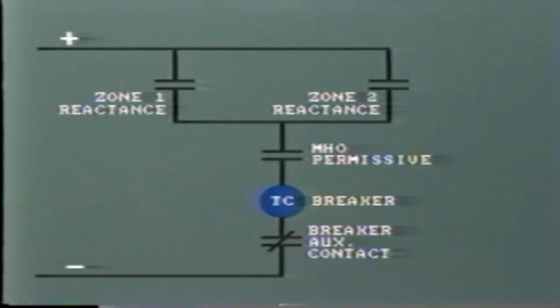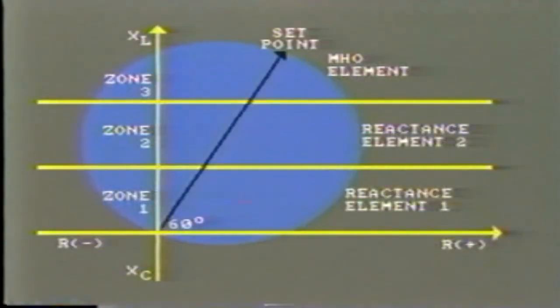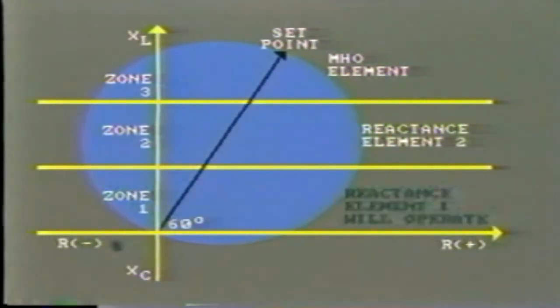But additionally, the Mho element also contains a permissive contact in the operating circuit of the reactance relays. This restricts operation of the reactance relays to this area. The permissive contact will only close when the impedance falls within the circle. If the fault is upstream, the reactance relay will operate.